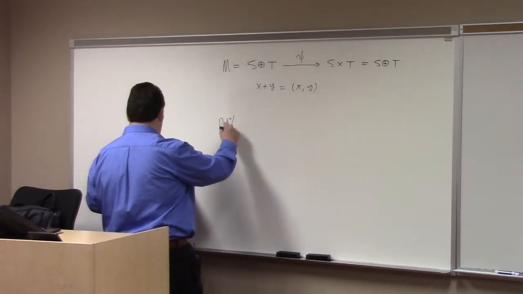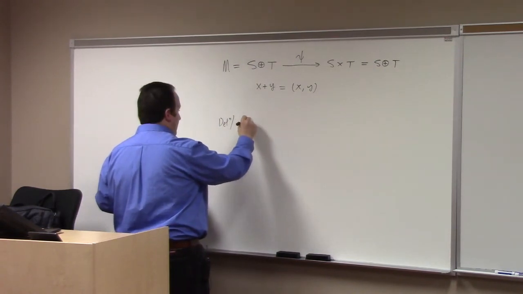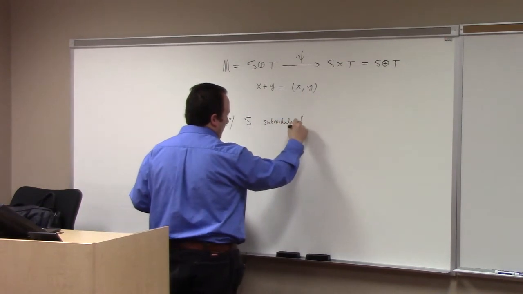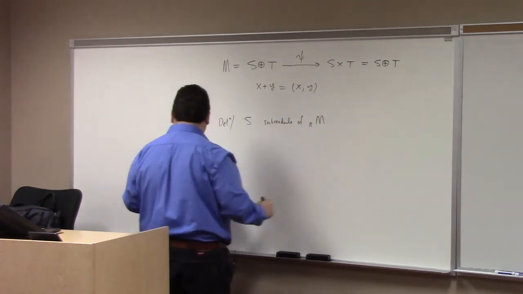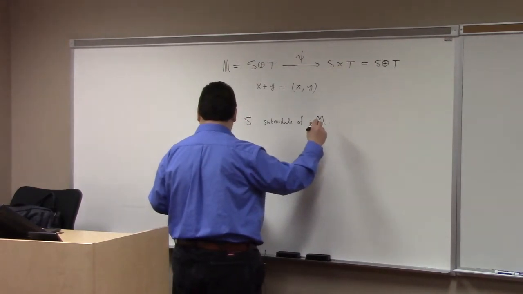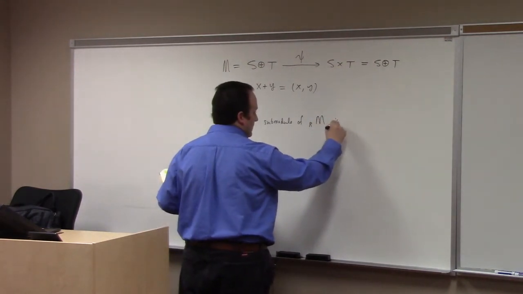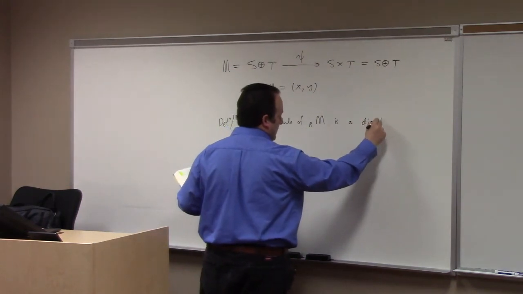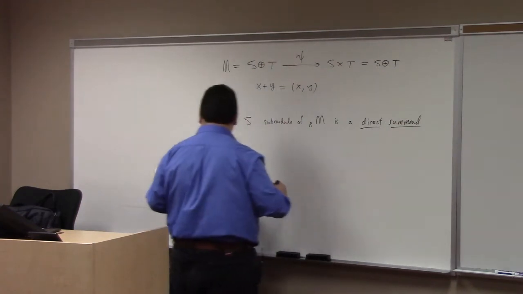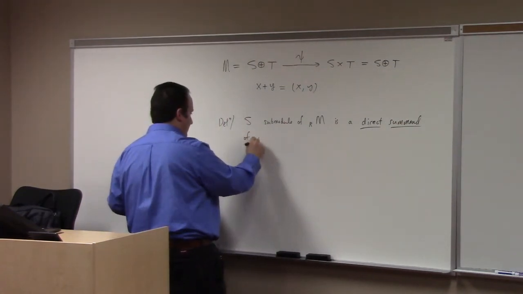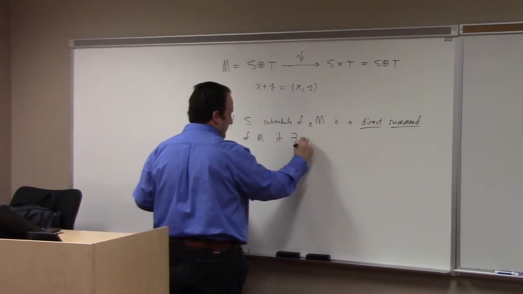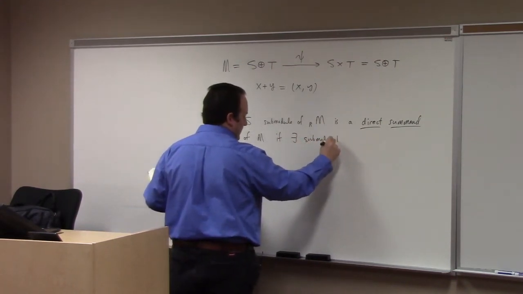Definition: S, a submodule of a left module M, is a direct summand of M if there exists a submodule T such that what?